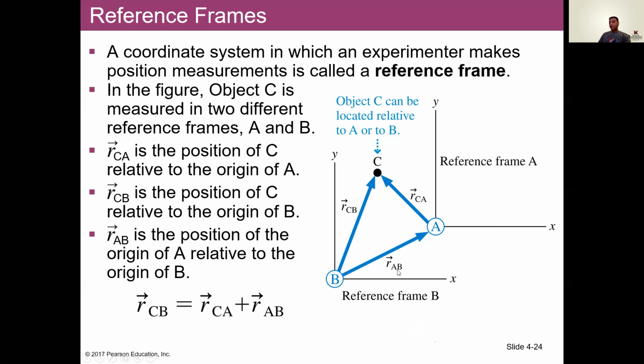So this is our AB, position vector of A with respect to B. If you want to find the position vector of C with respect to B, this will be our CB, and it will be this vector, right? And now if you want to know what our CA is, the position vector of C with respect to A, it is this vector.